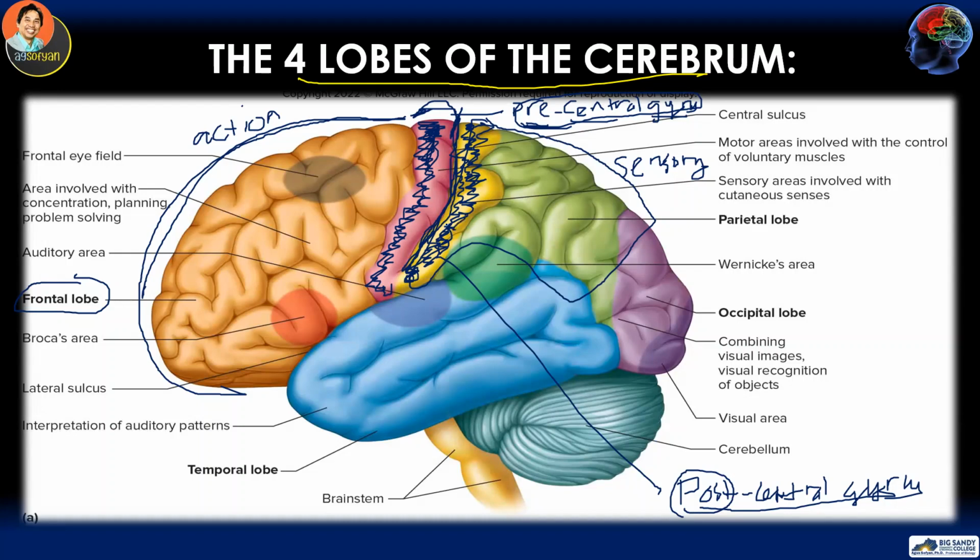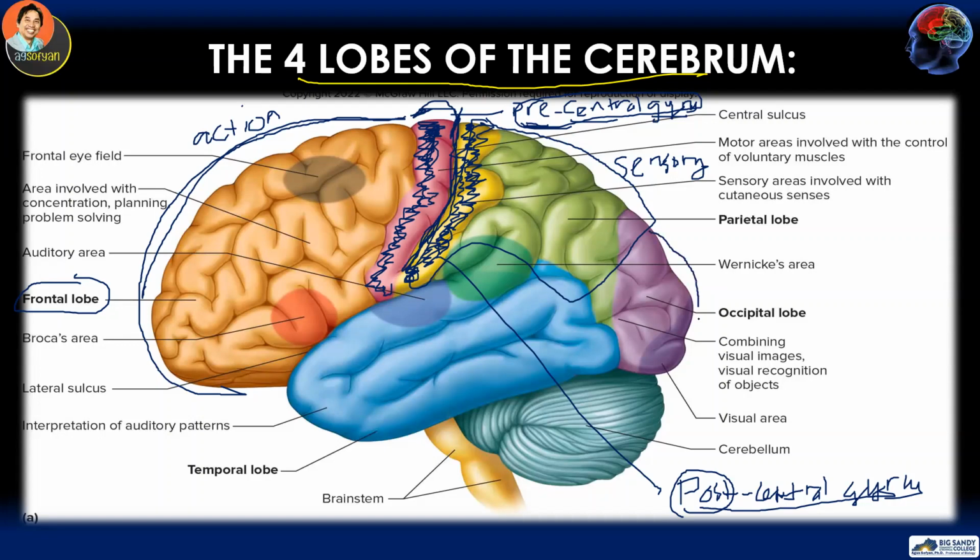Okay, so these are two important gyrus, the pre-central gyrus and the post-central gyrus, the ones that mostly control our body. The back part is for sensation, the front part for skeletal muscle action.